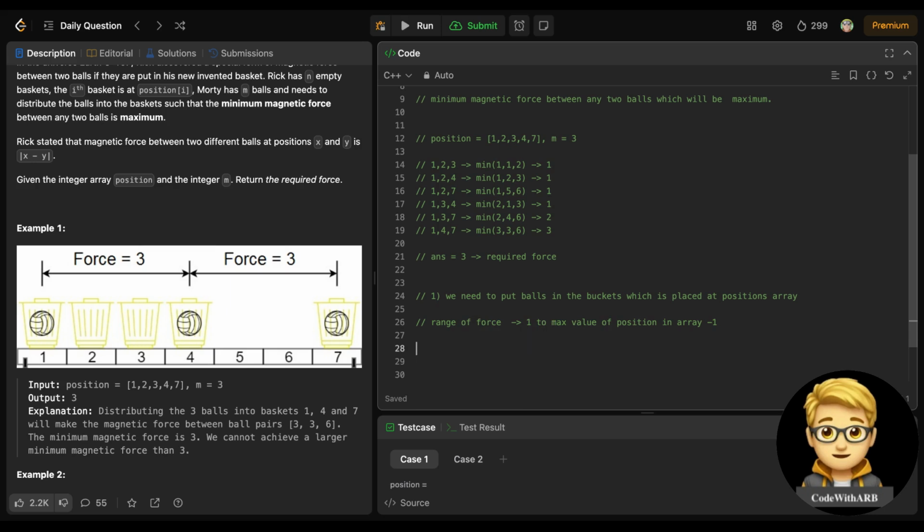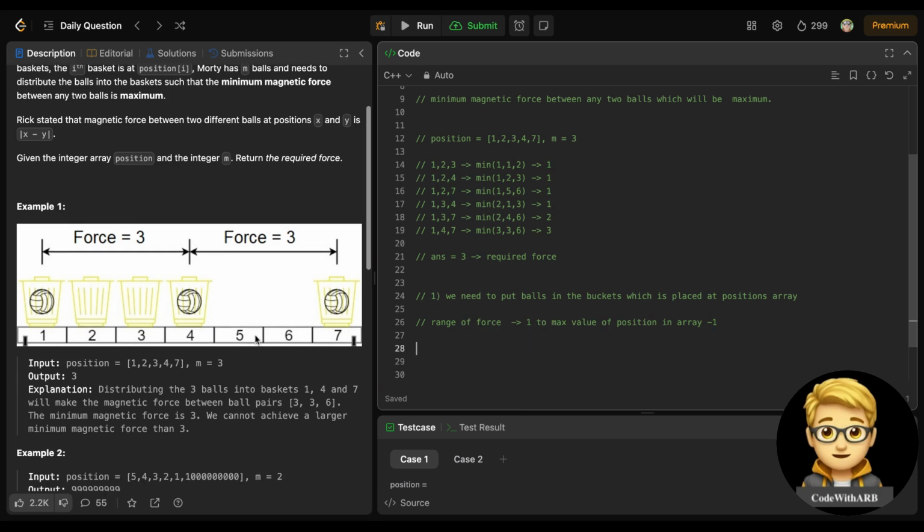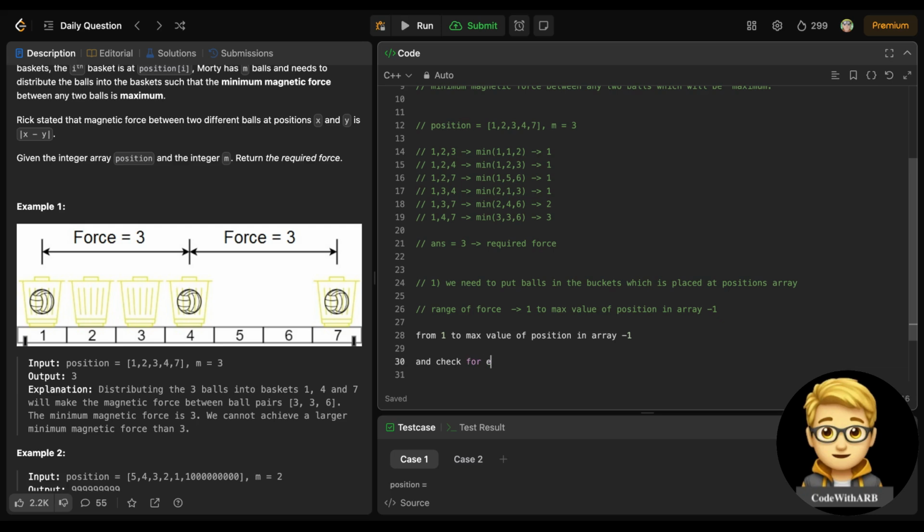Okay, we have a range of forces, and we know the answer would lie in this range only. So let's suppose we start from any position. We will take any force. One thing we can do is start from 1 to this max value, and check for each force which force can let us put these m balls in our buckets, right?